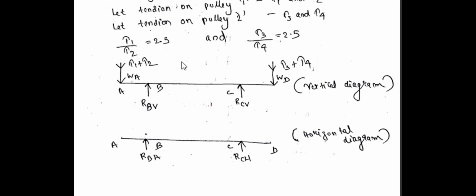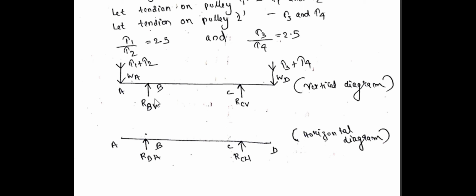Sometimes it is mentioned as a horizontal drive, that the power is transmitted horizontally, and then you have to take that in the horizontal diagram. Here they have already mentioned the power is transmitted along the vertical direction. That is the reason T1 plus T2 is taken in the downward direction, along with the weight. So at point A we have T1 plus T2 as well as WA.